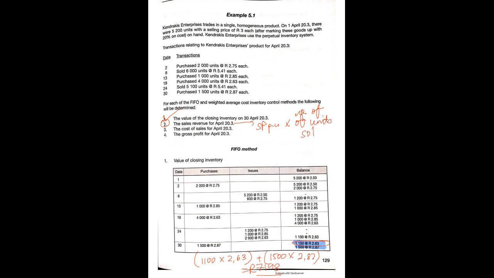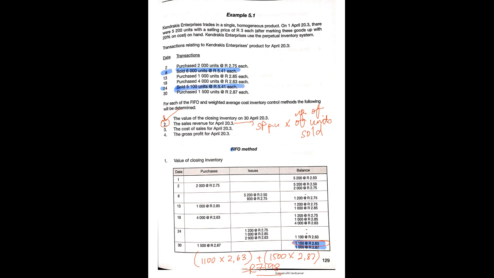So here for your sales, you're only looking at the items under the transactions where items were sold. So here on the 8th, we sold 6,000 at 5.41, and then on the 24th, we sold 5,100 also at 5.41.